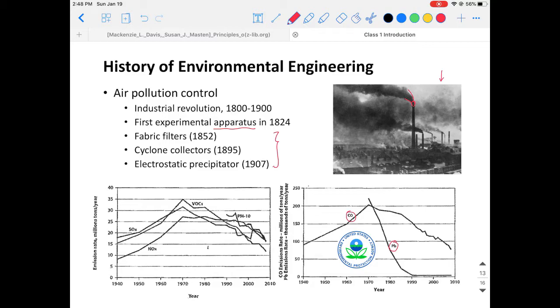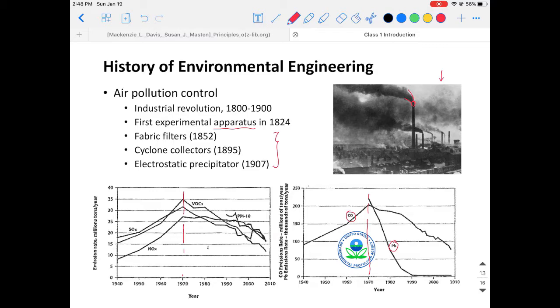You see that there's a peak for almost all of these gas pollutants, and the peak is located at around the 1970s, right? So what happened during the 1970s?